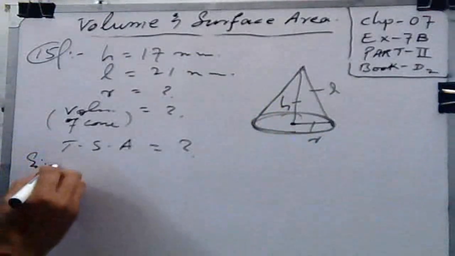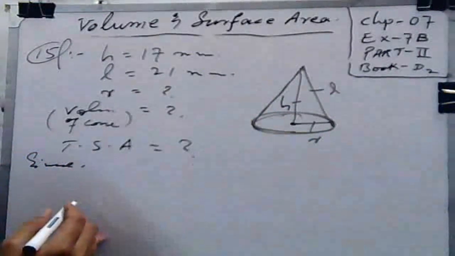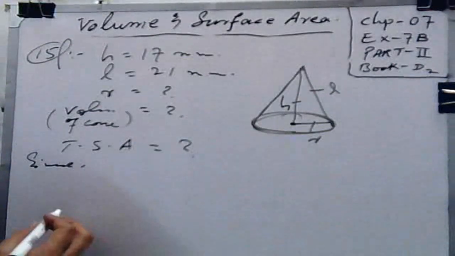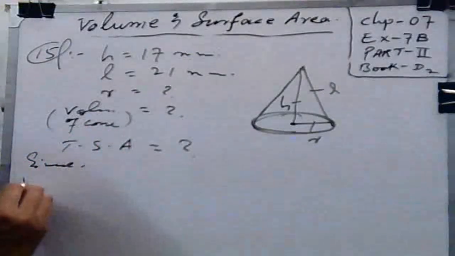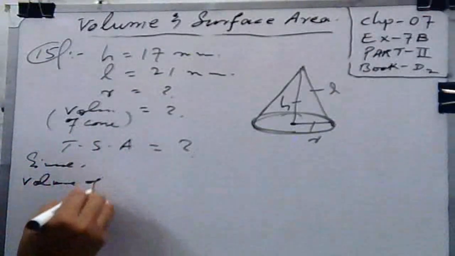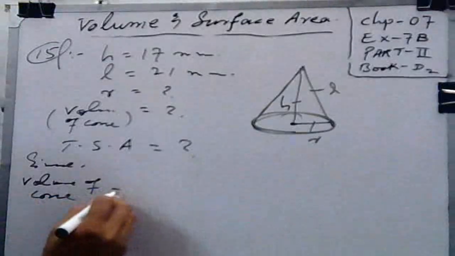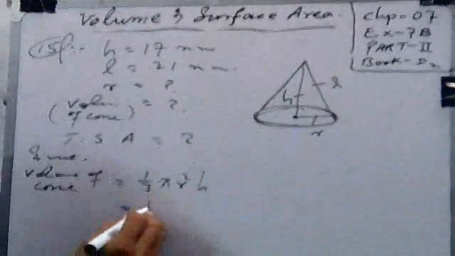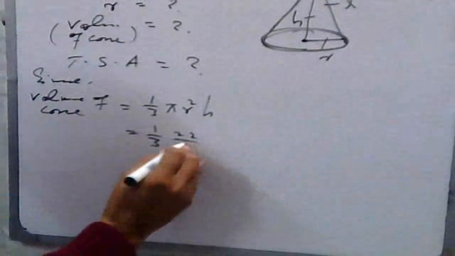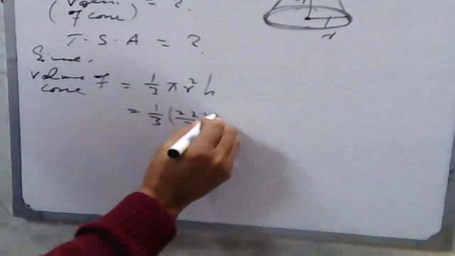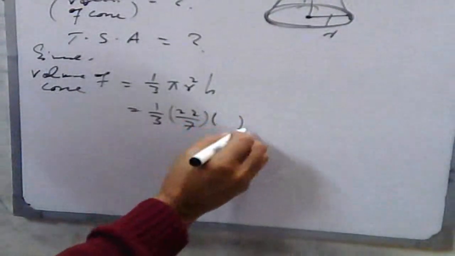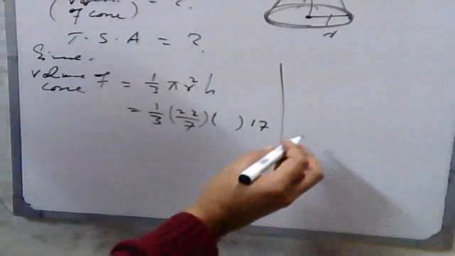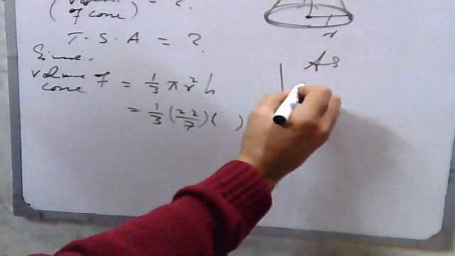Since the volume of cone is equal to 1 by 3 pi r square h, the value of r we don't have, and the value of h is 17.